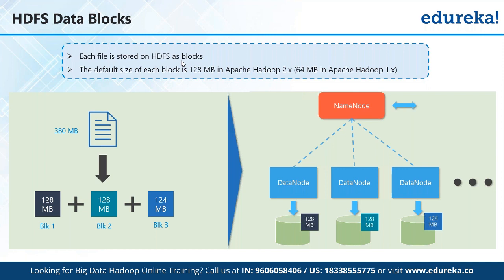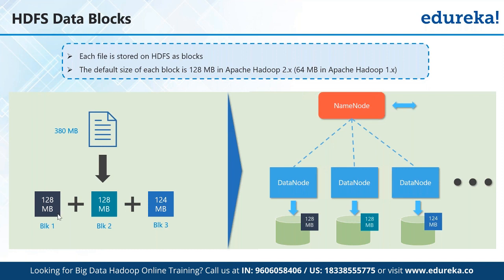So if you have got a huge file, let's say a terabyte size or gigabyte size file, it will first get chopped off into blocks of 128 MB, and then these blocks will get stored on different data nodes. Like you see here, if you have a 380 MB file, you will chop it off into 128 MB sizes.